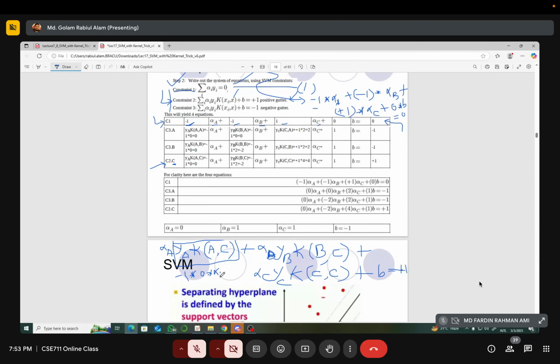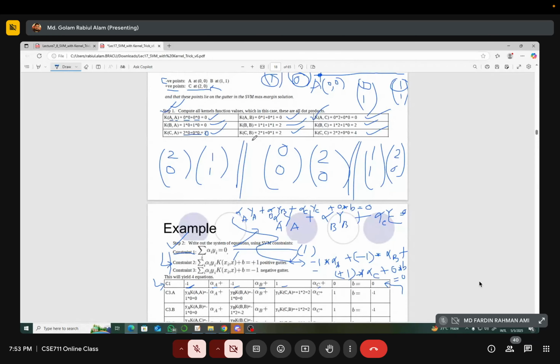So alpha A plus, again for this part we can see yB. So yB is what? B is also negative, that means the original class label of B is negative. So here is the -1 and K of BC, the kernel function value of BC, is 2.